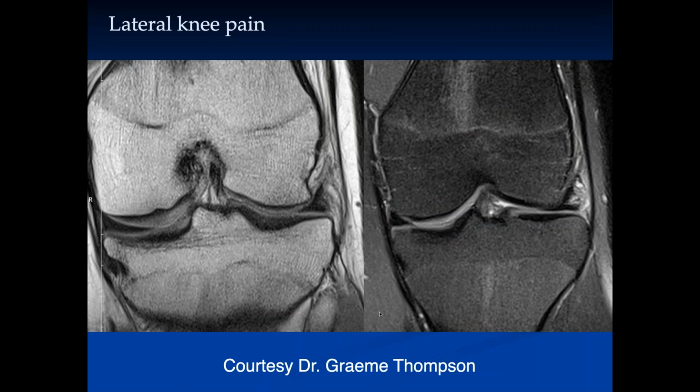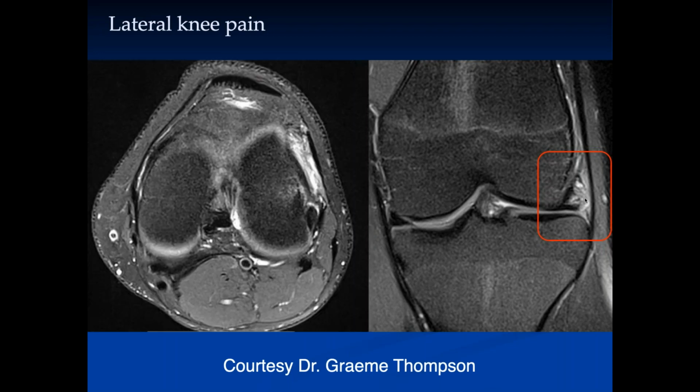Okay, Jennifer, what do you think of this one? So we have a coronal proton density and fat, looks like T2 fat suppressed images of the knee. I see some peripheral increased signal intensity along the lateral meniscal body.